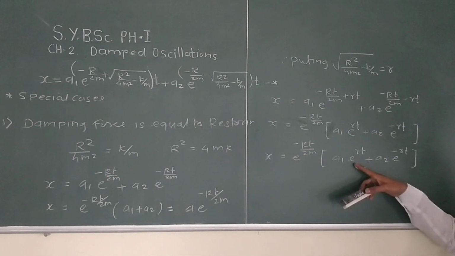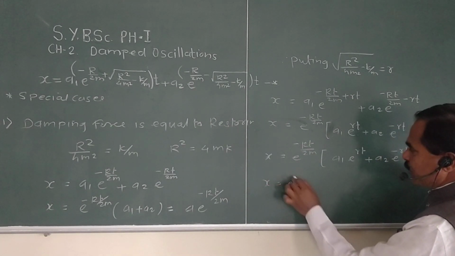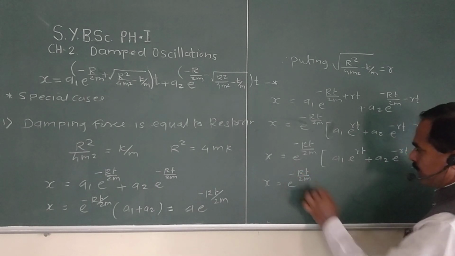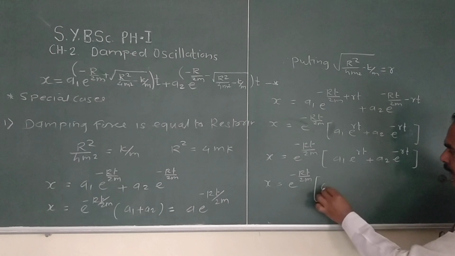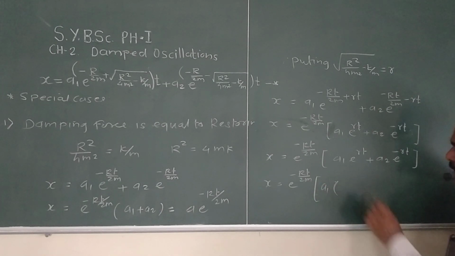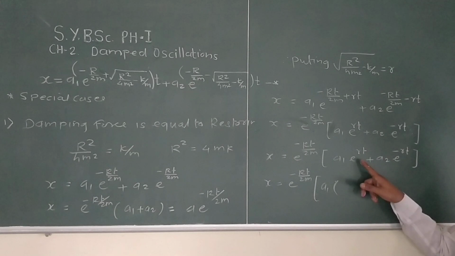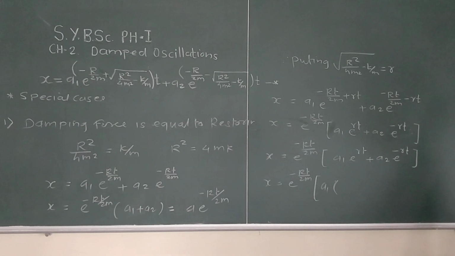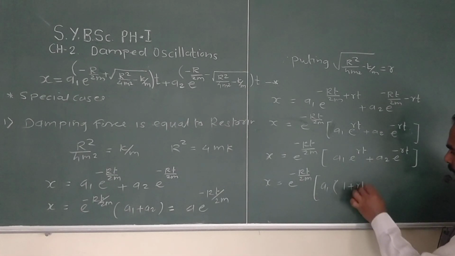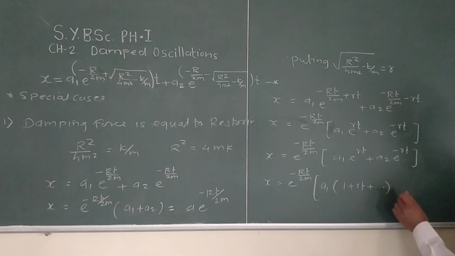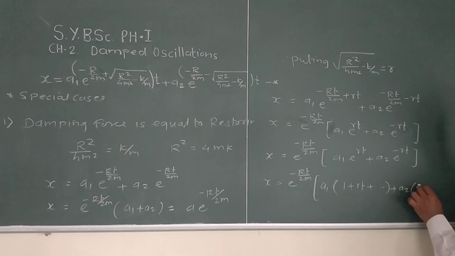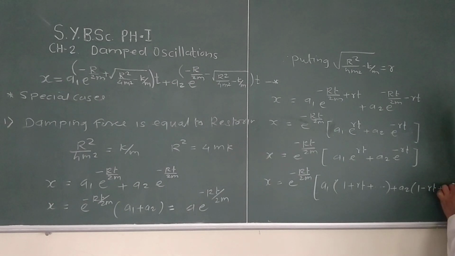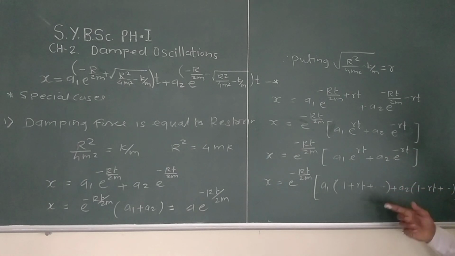Then we write this equation as x equal to e raised to minus rt upon twice m, in bracket we write a1, then for e raised to rt we write the expansion, only first two terms, that is 1 plus rt plus so on, plus a2 in bracket 1 minus rt plus so on, like this, the expansion of e raised to rt and e raised to minus rt only in two terms.